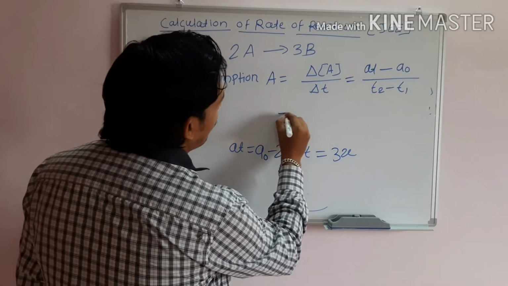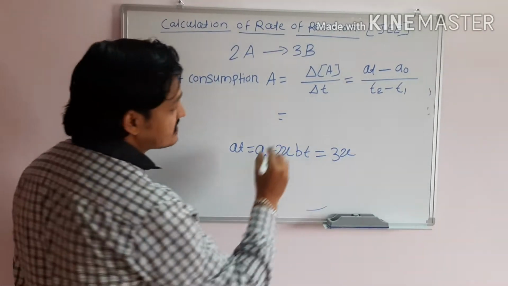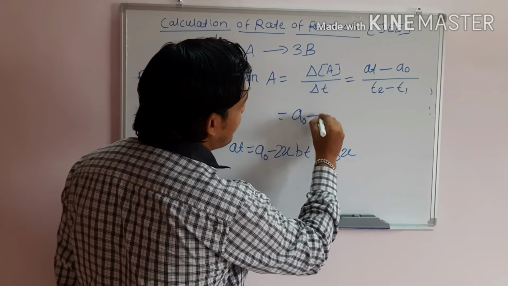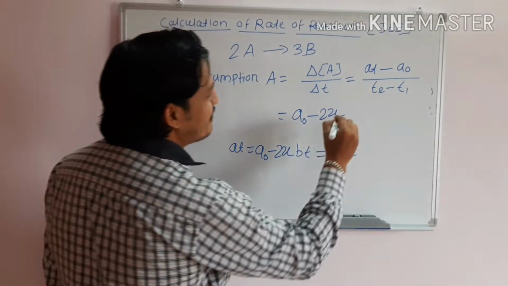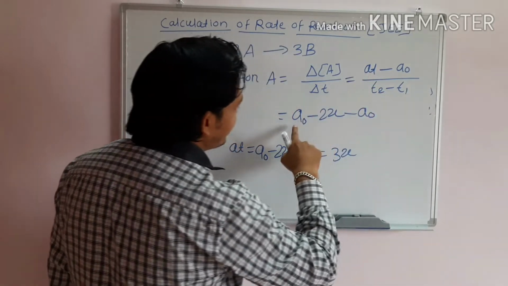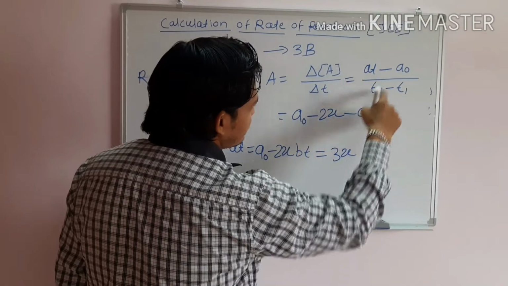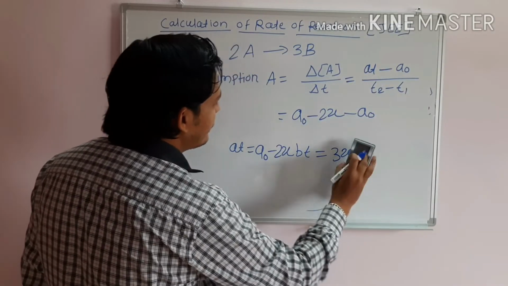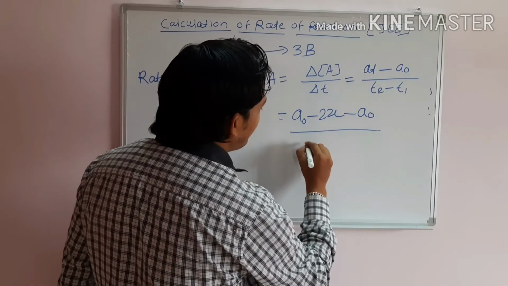Now, what is the value of At? A0 minus twice of x. Minus A0. Now, divided by T2.